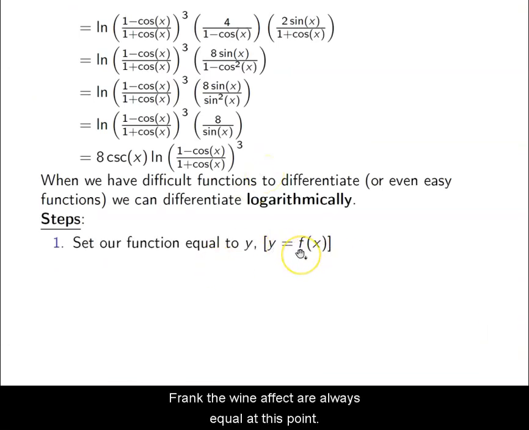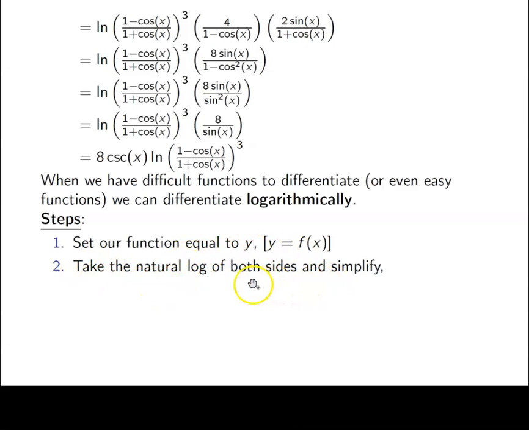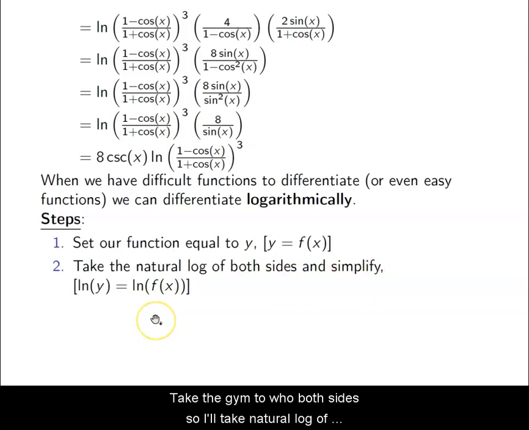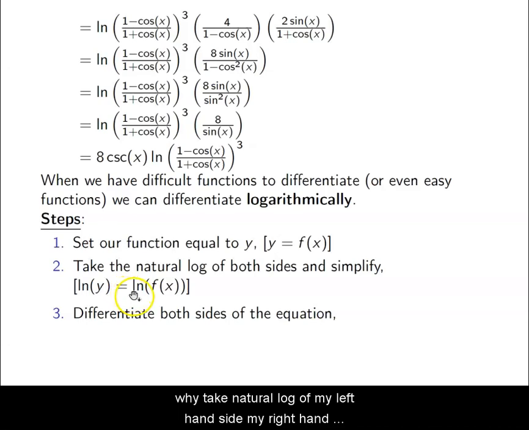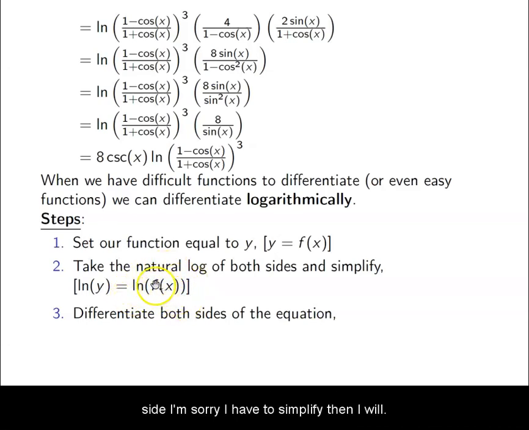So y and f of x are always equal at this point. What we'll do is take the natural log of both sides and simplify if need be, and then after that we will take the derivative of both sides. So I'll take the natural log of y, and the natural log of my right hand side. If I have to simplify, then I will, and then I'm going to differentiate both sides.